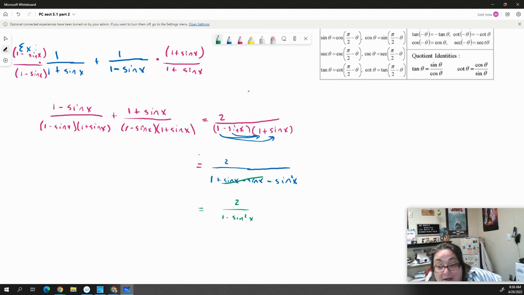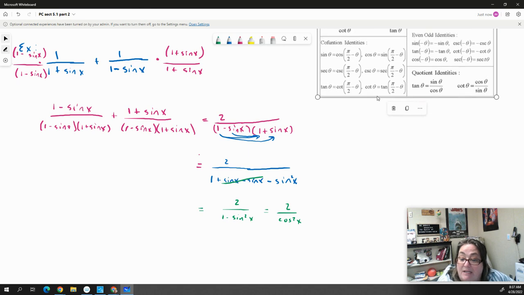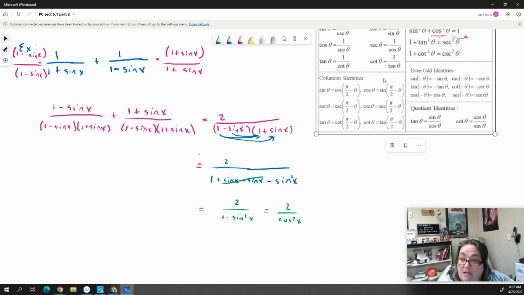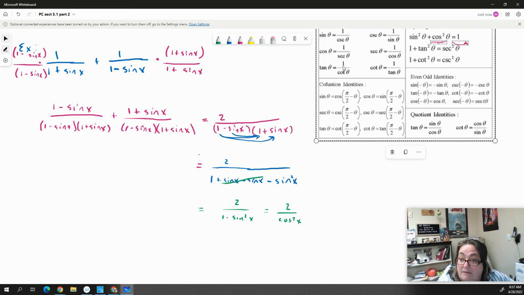Well, if we look at our Pythagorean identities, we know that this piece equals cosine squared of x. So we have 2 over cosine squared of x. Now, you get this far, we're like, yeah, awesome, but we're not there yet. Because 1 over cosine of x equals secant, right?